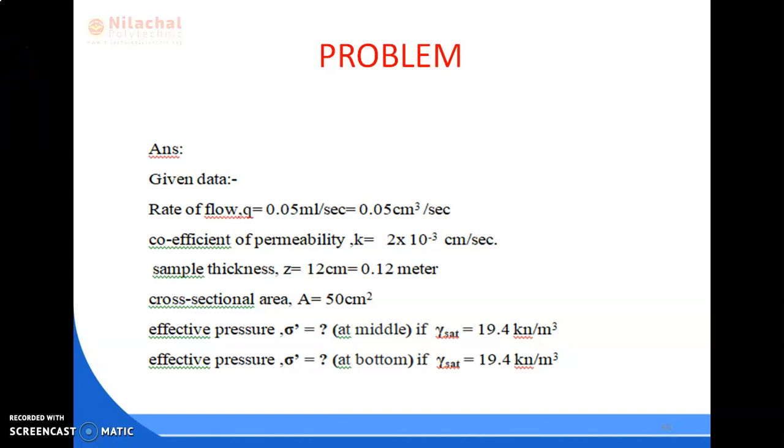Cross sectional area capital A equal to 50 centimeter square. Effective pressure sigma dash equal to question mark. We have to find out at middle if gamma sat equal to 19.4 kilonewton per meter cube. Again we have to find out the same thing, effective pressure sigma dash equal to question mark at bottom section, if gamma sat equal to 19.4 kilonewton per meter cube. So this is our given data which we collect from the question.